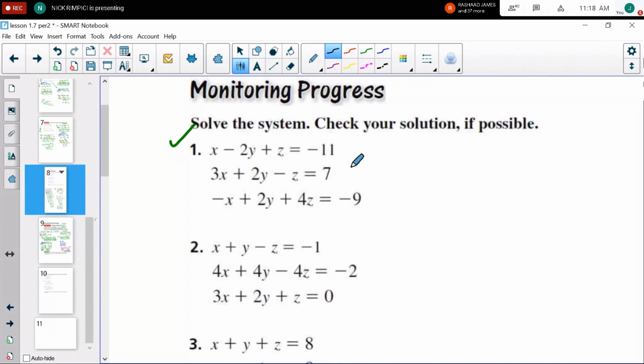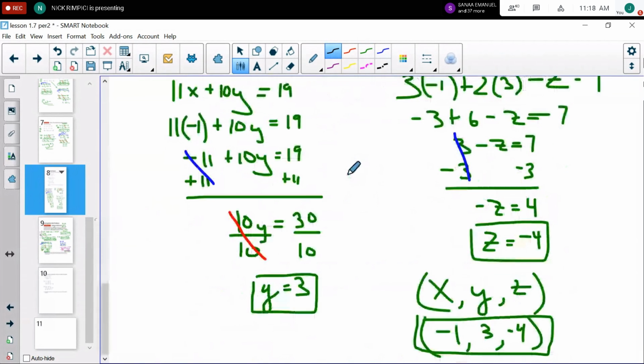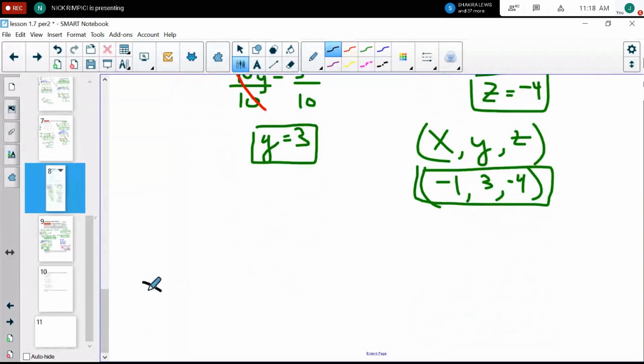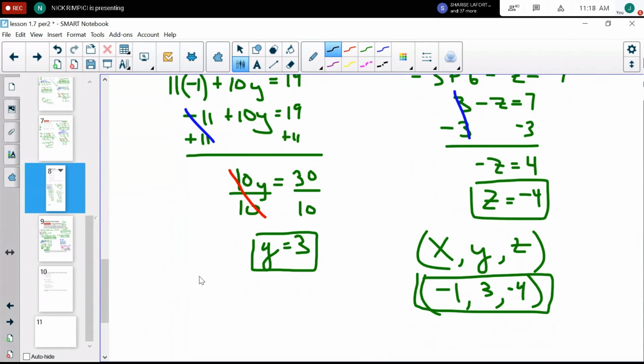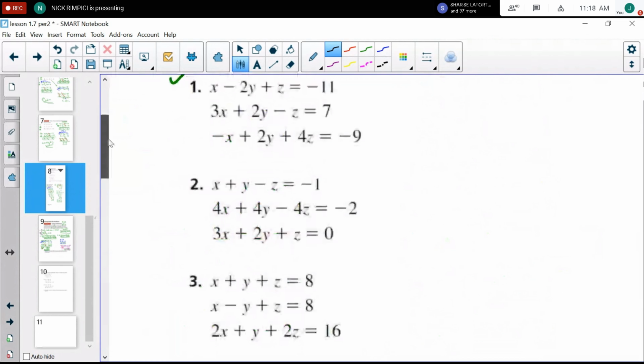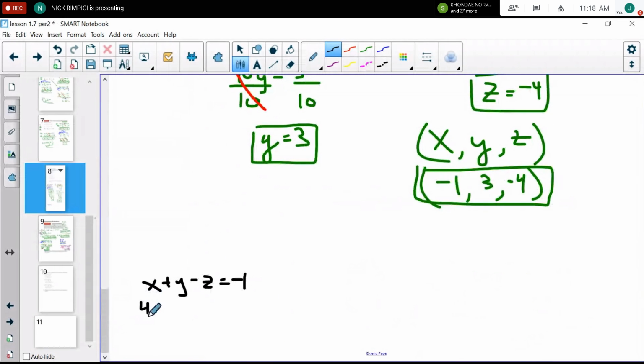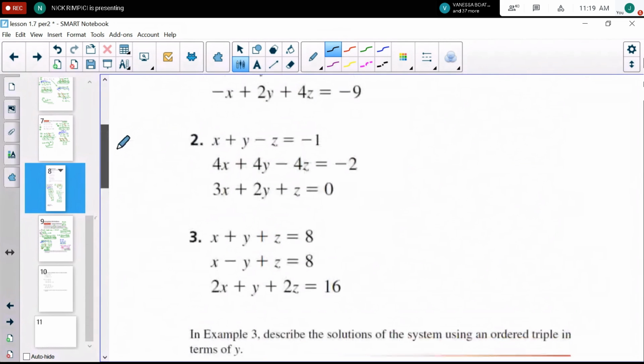So x plus y minus z is -1. And statement 2, 4x plus 4y minus 4z, I believe that's -2. And it is.